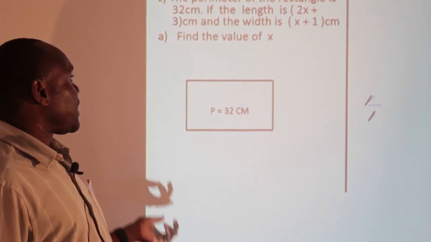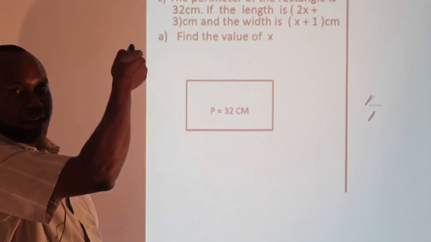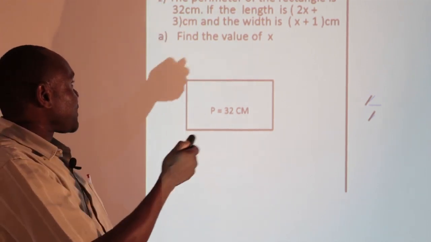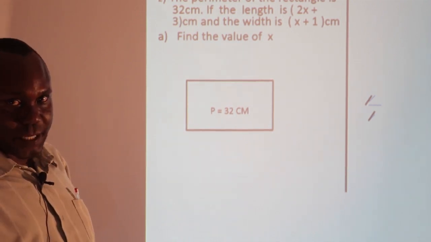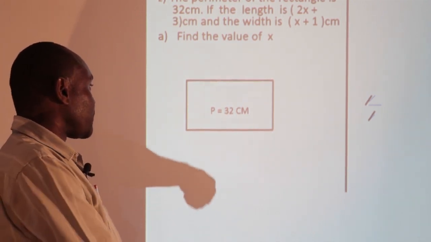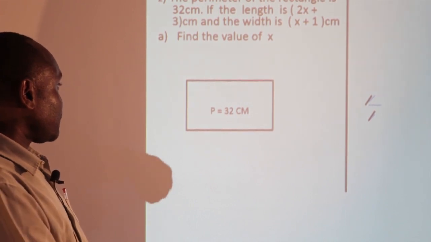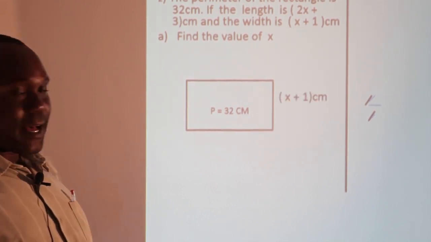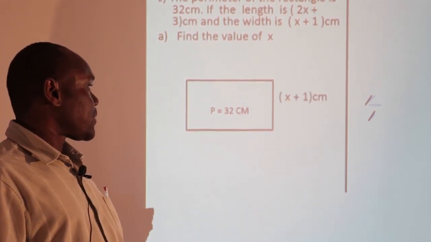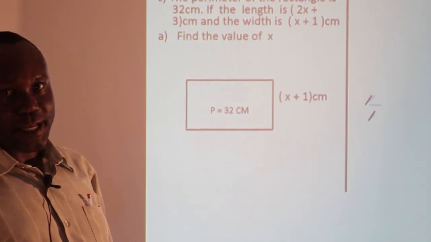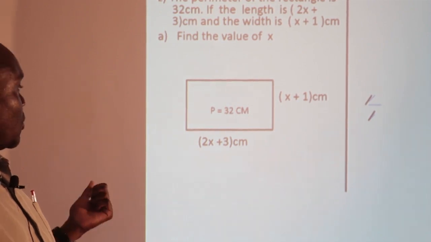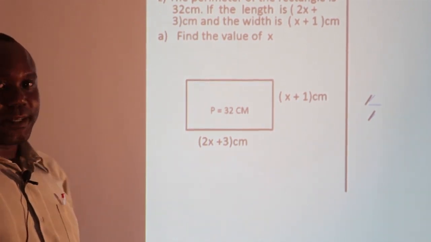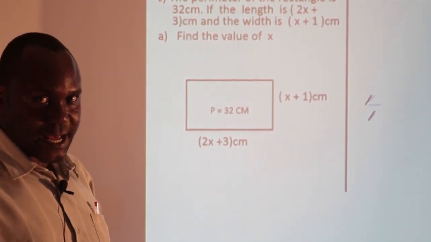After that, we are going to fill in the information given, the 2x plus 3 centimeters and the x plus 1 centimeters, where they are supposed to be. So that is the width, x plus 1 centimeters. Then we are going to look at the length, 2x plus 3 into brackets centimeters.